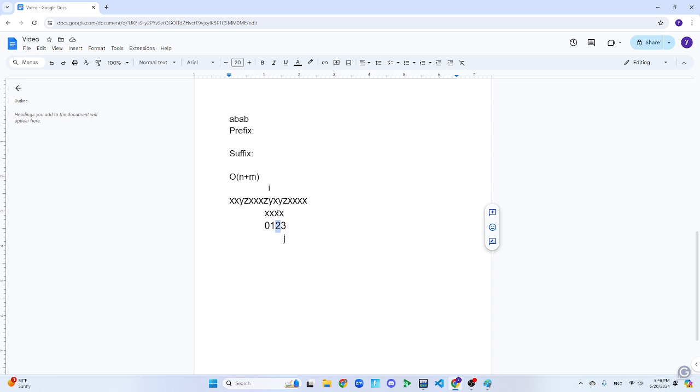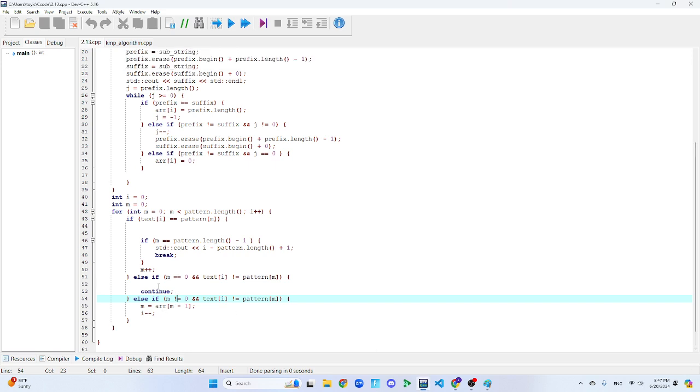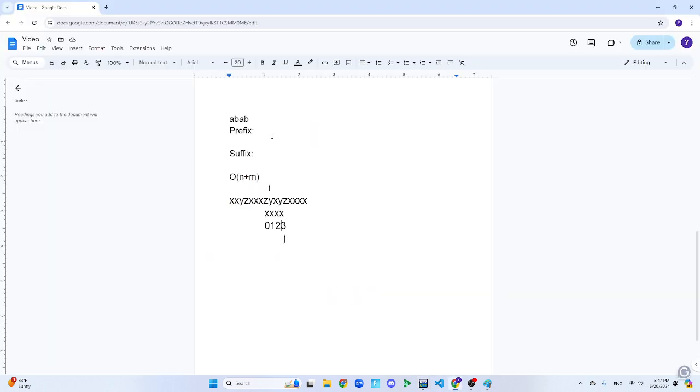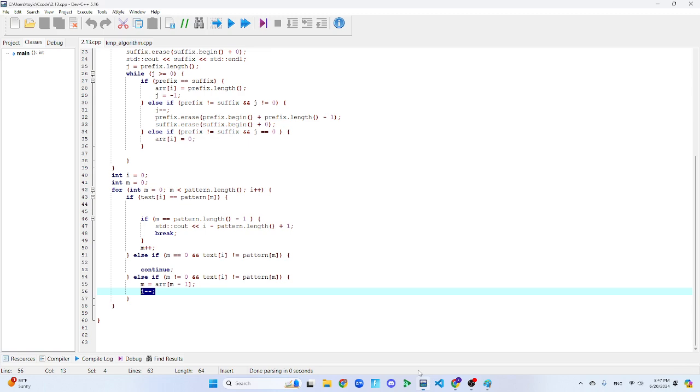Then it points to whichever position this leads to. I minus minus because we cannot let I increase, but since it's always increasing, we just let it decrease.